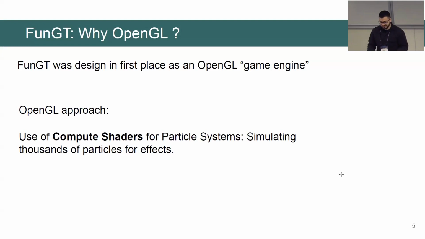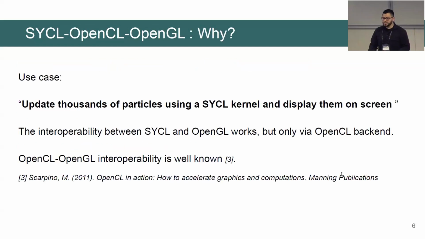But I didn't want to use compute shaders. And this is a use case. What if I want to update thousands of particles using a SYCL kernel and display the particles on the screen?